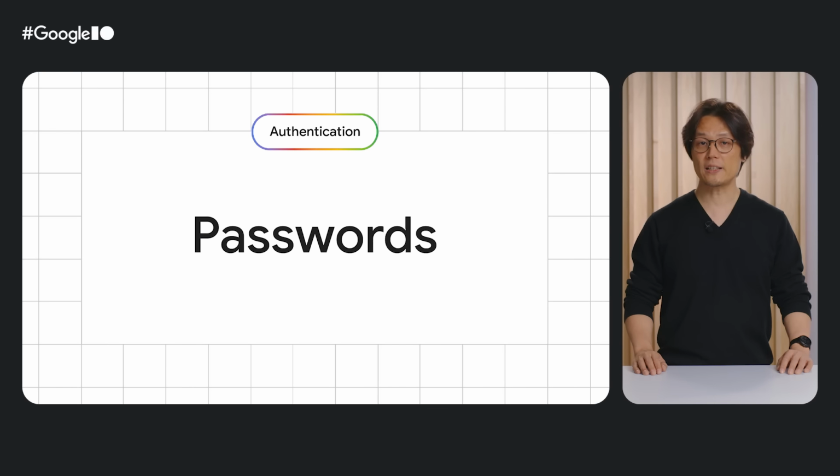Now, let's take a look at other improvements we are making to your users' authentication and identity verification. Passwords are the most popular sign-in method in the world, but we know that users don't always follow security best practices like creating unique passwords for each site. We encourage users to use a password manager.